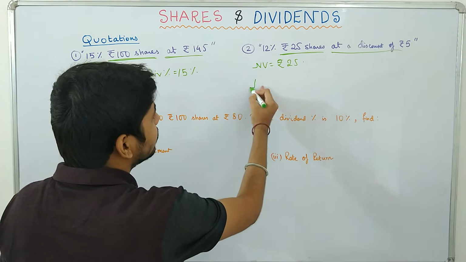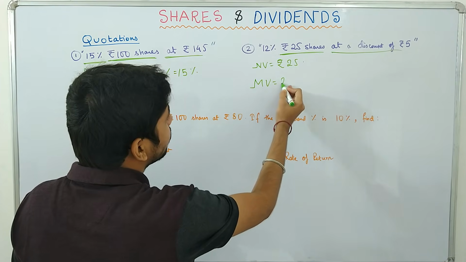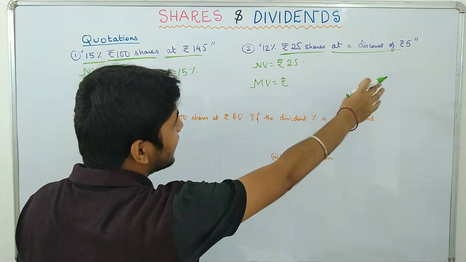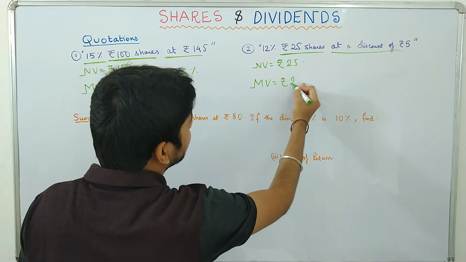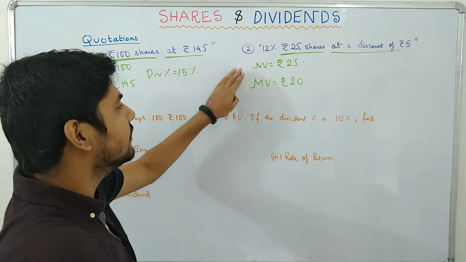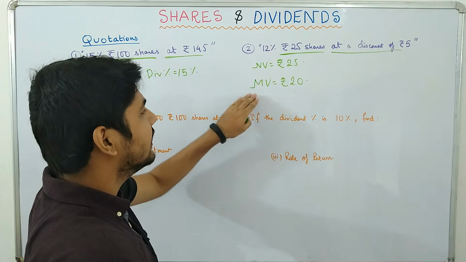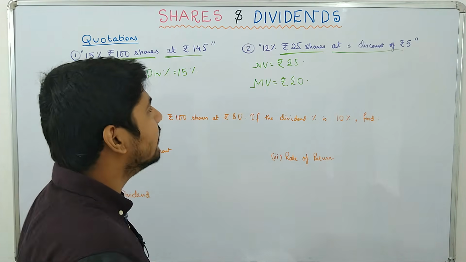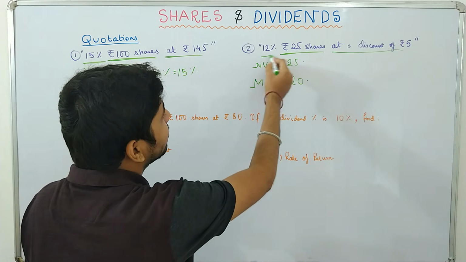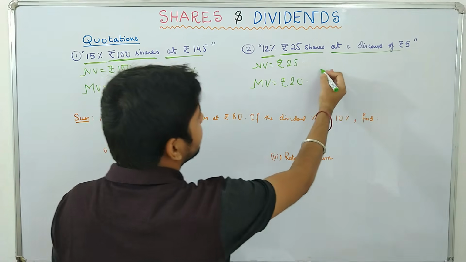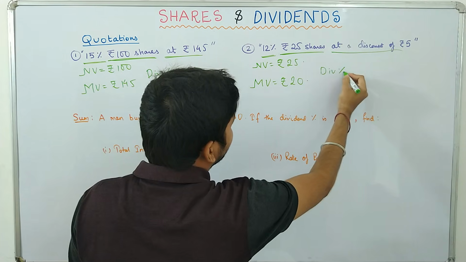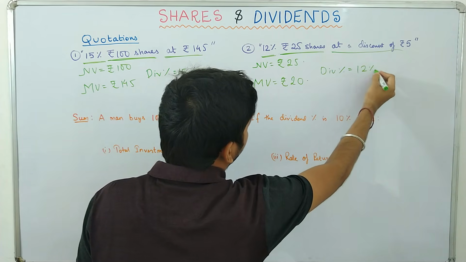So market value will be equal to rupees 25 minus 5, which is equal to rupees 20. So we get the nominal value rupees 25, the market value rupees 20, and finally at the very beginning we have 12%. So the dividend percent is 12%.